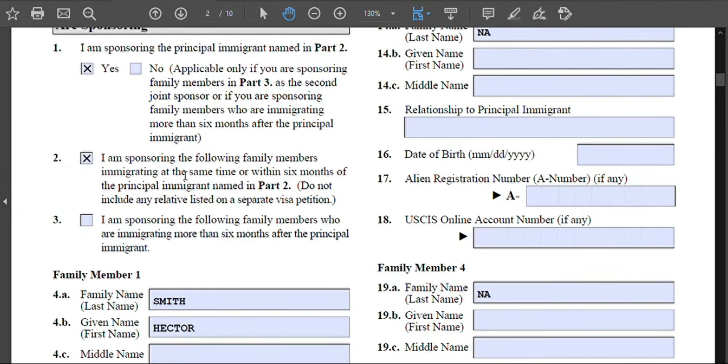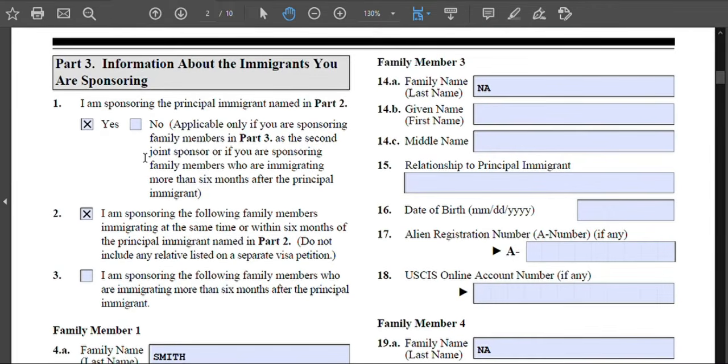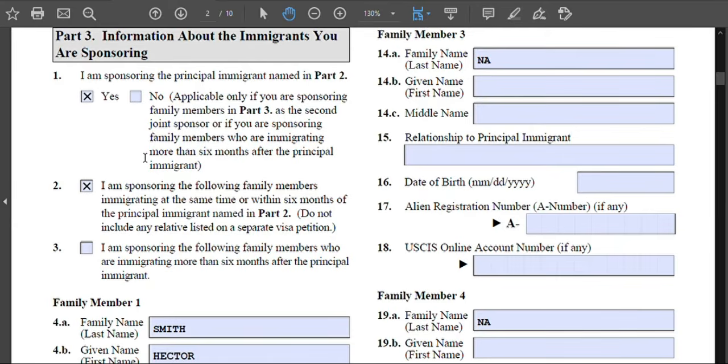So this will apply in our case where Mary is the sibling of a U.S. citizen who is the primary immigrant, principal immigrant. However, Mary also has a spouse and a child, and because the petitioner cannot directly petition for his brother-in-law and his nephew, for example, they are going to have to be the derivative applicants on Mary's application.